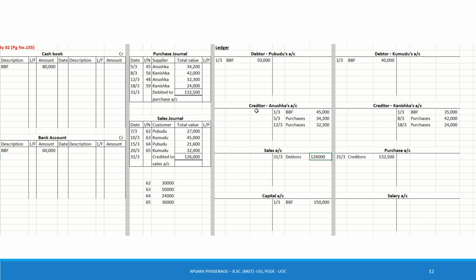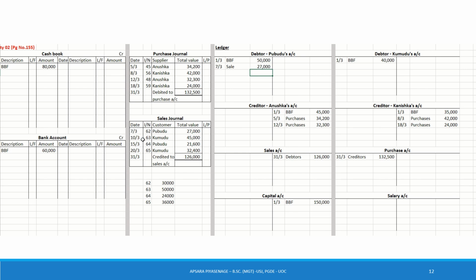Then each debtor should be debited with their relevant values. So on 7th of March, there's a sale of 27,000.